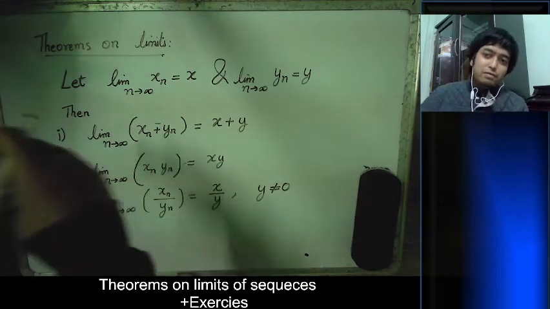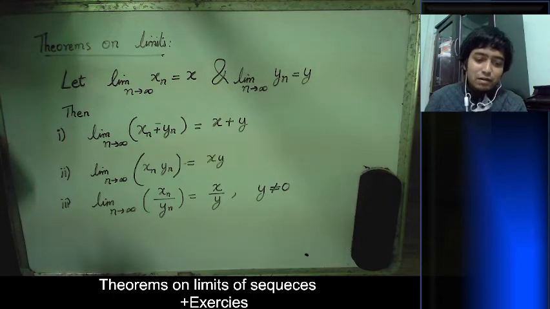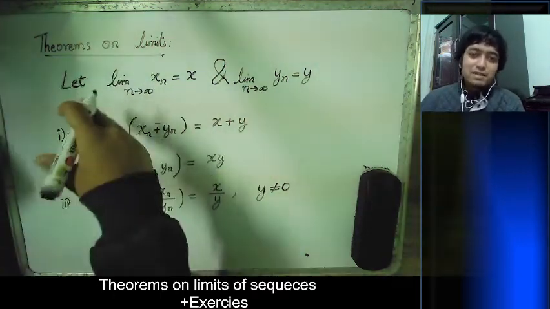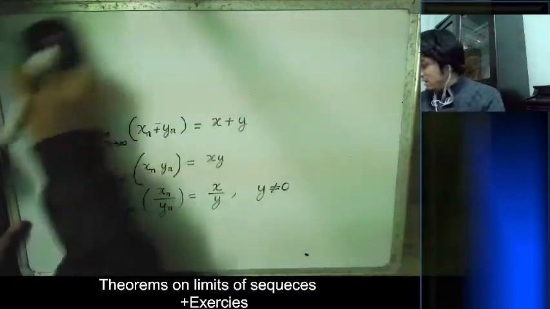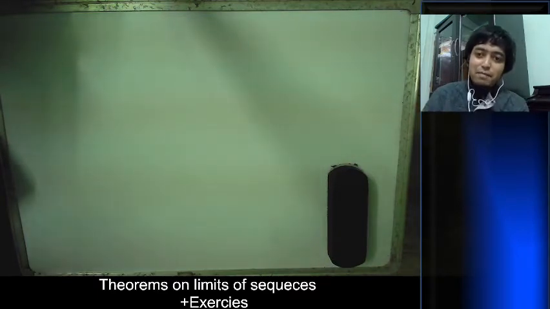Of course we will do the proofs of them also, but we will do that later on. For now let us see how to calculate limits by using these theorems. What actually did we do? We calculated limits by using epsilon only for the simple cases.